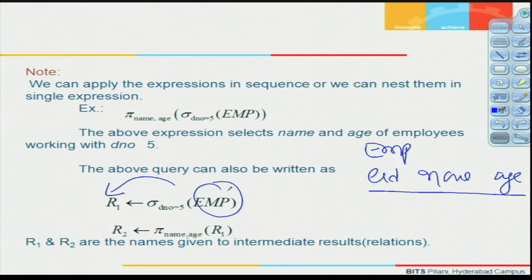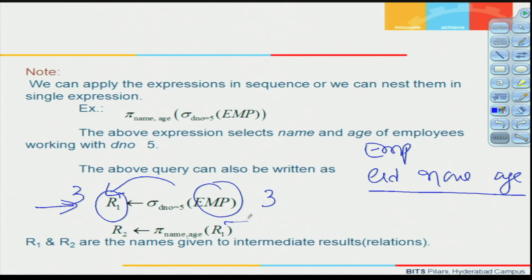For the original relation EMP, the degree or arity is 3, and then what I am doing is selecting only a few tuples into R1. I am not cutting on the number of columns, so the degree or arity of R1 is also 3. But the number of tuples may be less than what we have in EMP or the same as what we have in the EMP relation.